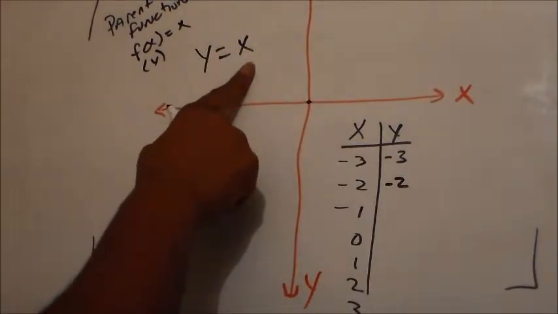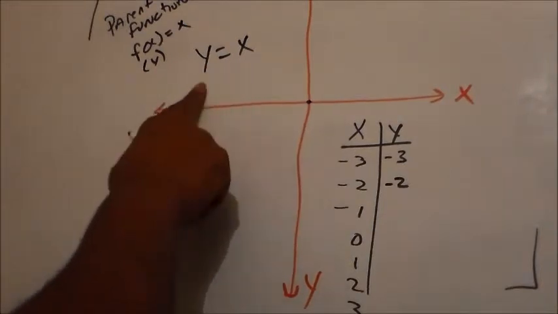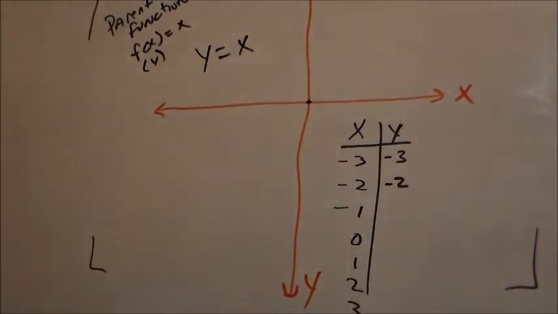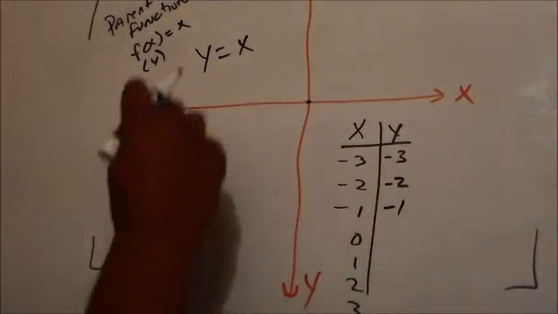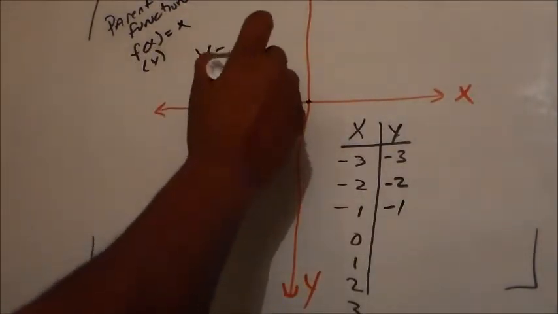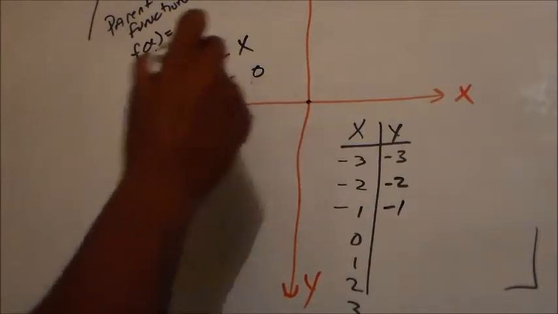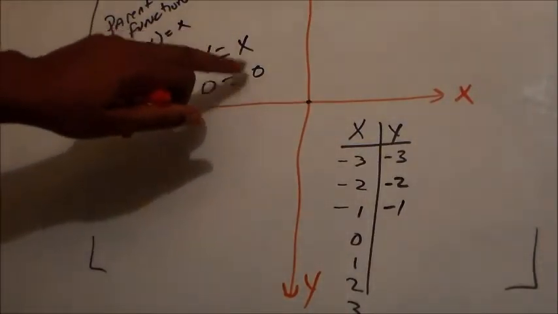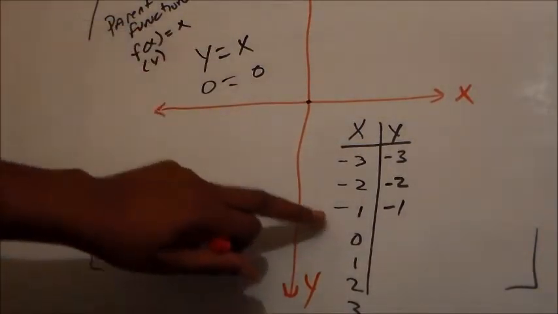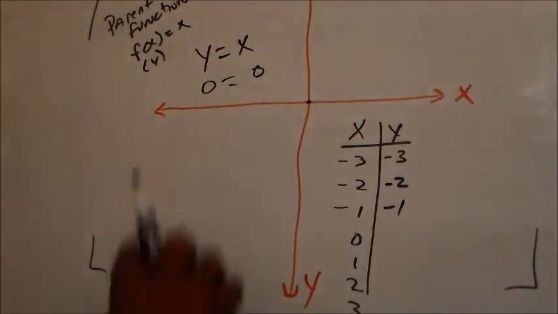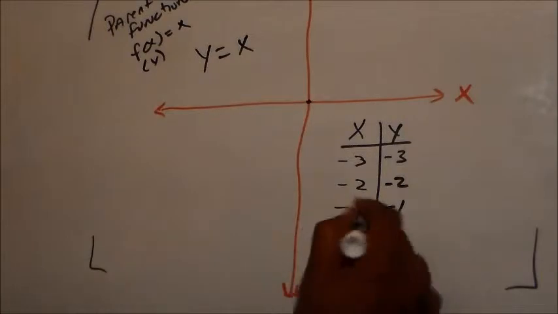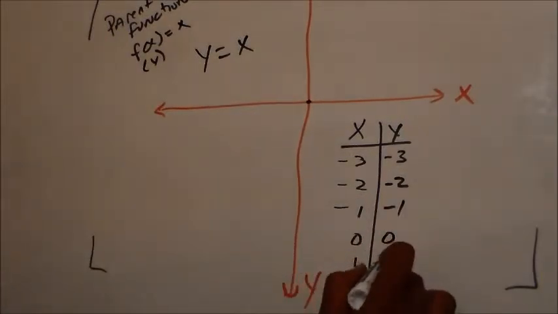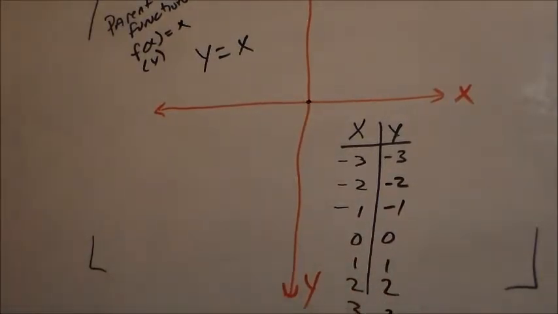If I put in -1, -1 can only be -1, so the result of y has to be -1. If I put in 0, the only way that could work out is y equals 0 to complete the mathematical statement. Like I said, this is pretty easy. And 1, 2, and 3. So we have our x and y coordinates now.